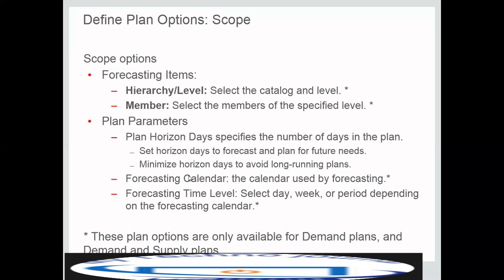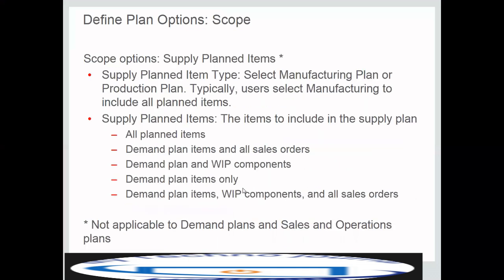And these plan options are only available for demand plans and demand and supply plans. These are all from the demand perspective within the scope. So if it is a supply plan, you will not see these options. If it is a demand plan, you will see these options, and even in the ISD plan, the integrated demand and supply plan.